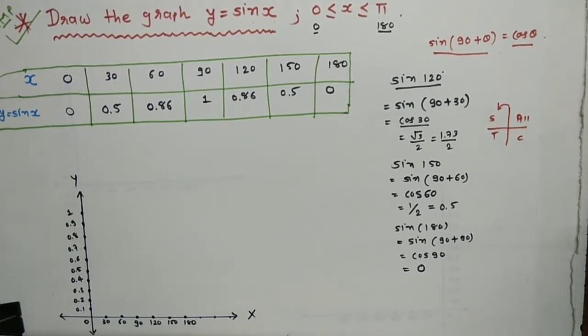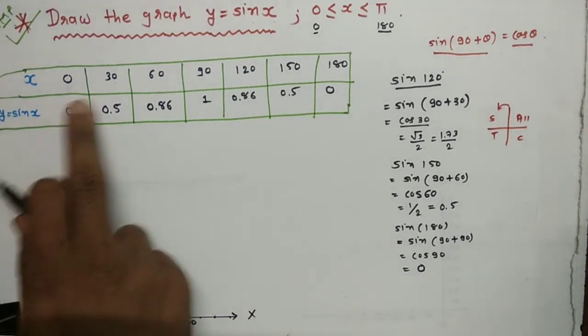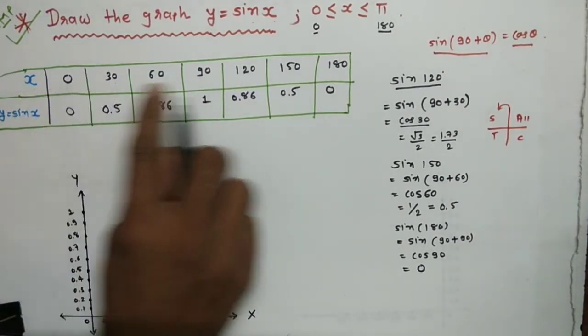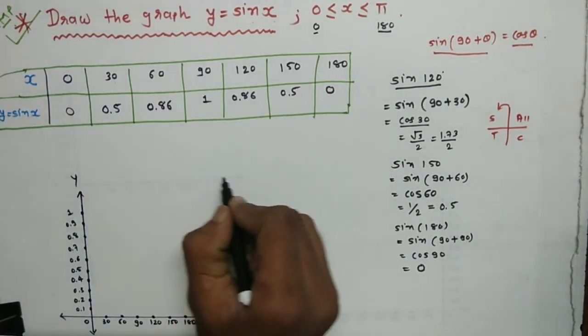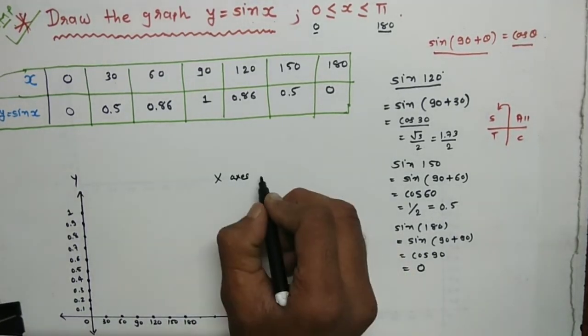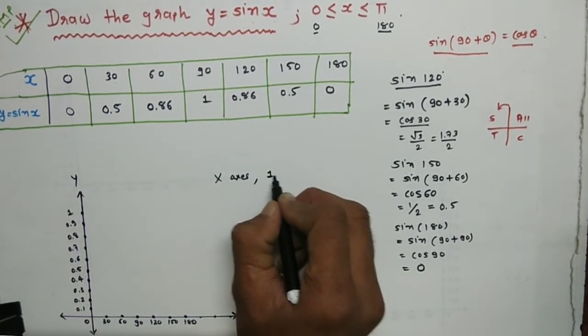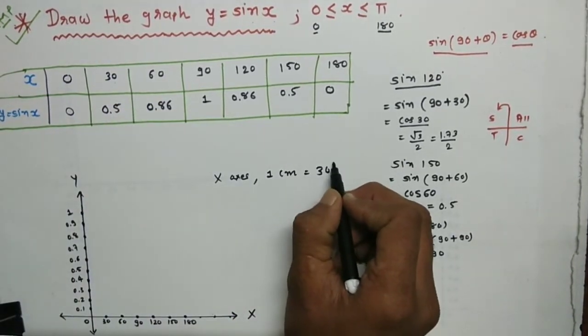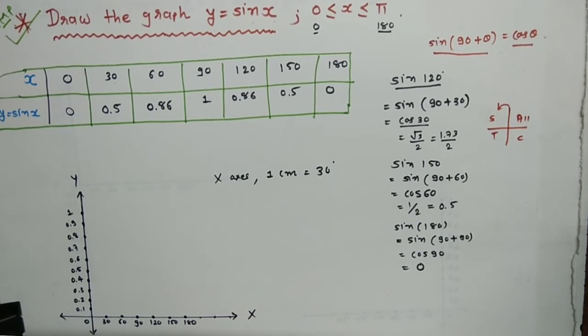Now we have to take scale on x axis and y axis according to these values. On the x axis we can take scale 1 centimeter is equal to 30 degree, here is the origin point.